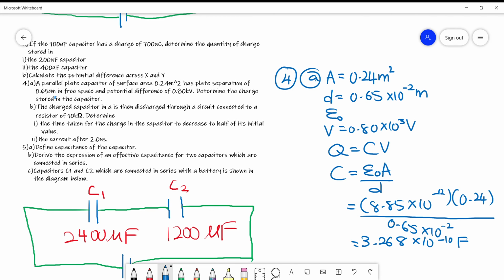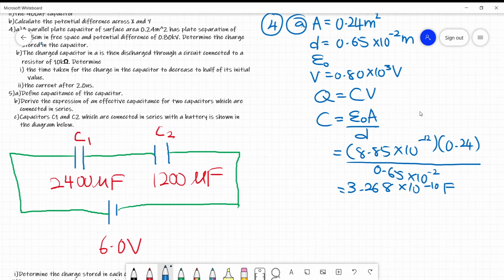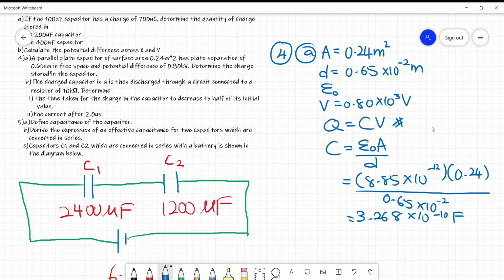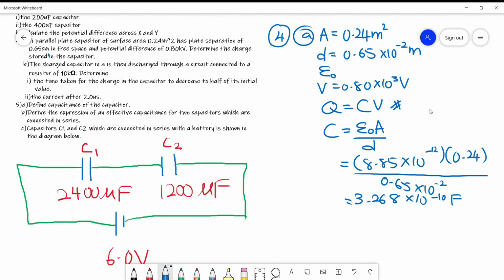So this is the capacitance of the capacitor. Finally we can substitute into this formula. The question is asking about the charge.